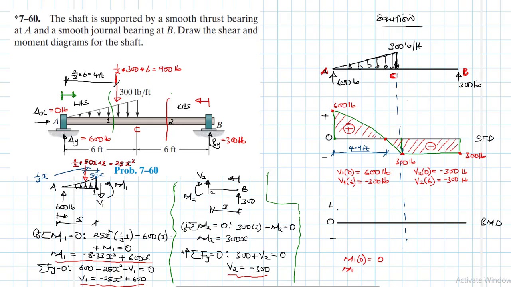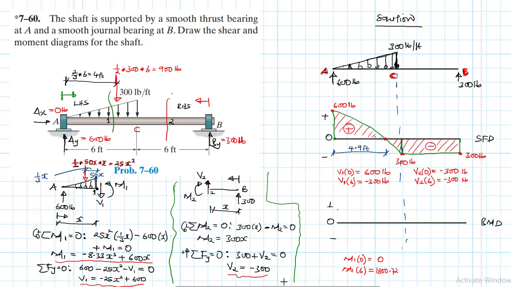And then M1, when x is equal to 6 feet, that is from A to C, what will be our moment? All right, so let's find the moment. We can plug in 6, so we have minus 8.33 times 6 cubed plus 600 times 6. So we have 1800.72 pounds feet.